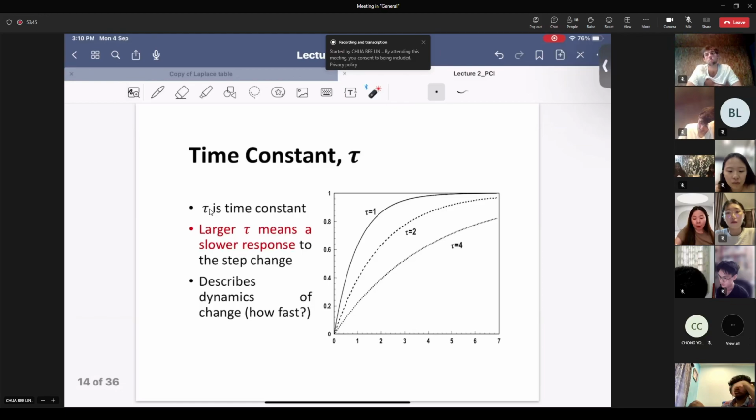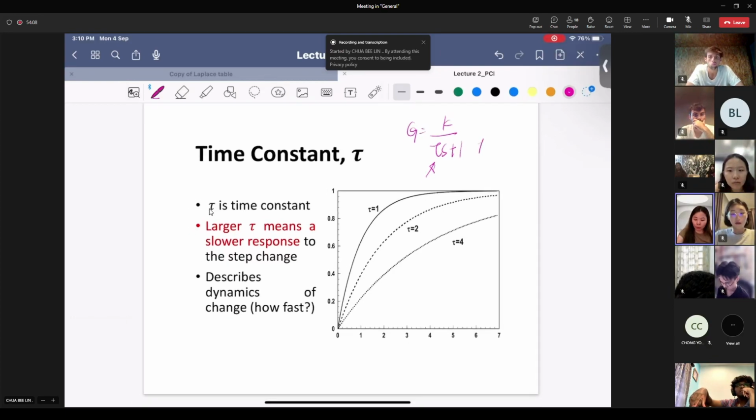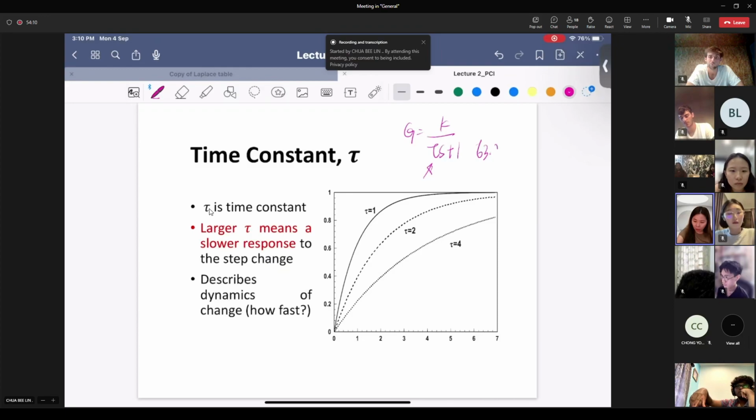Okay, time constant. So where do you have this time constant? G equals K over tau S plus 1. So tau, the time constant, by definition for a first order process without time delay, is the time taken for the process to achieve 63.2% of the total change of Y. So let's say you have a high tau.